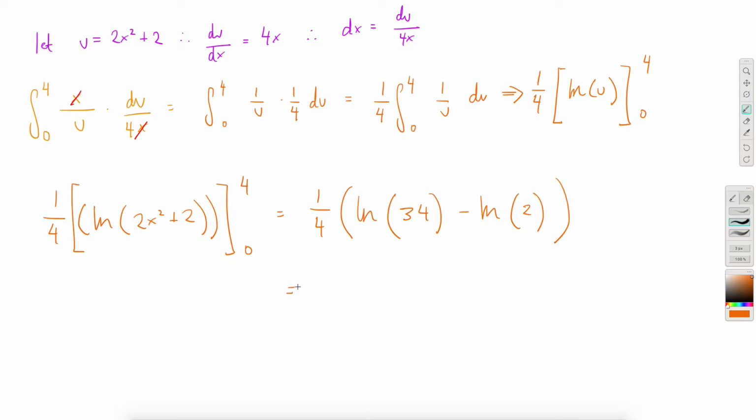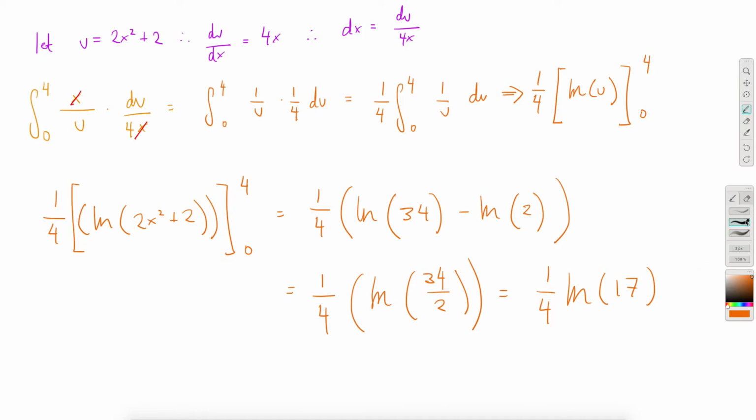We know that when we minus 2 logs with the same base, we're just going to get 34 on 2, right? And we know that equals 1 on 4 ln of 17.